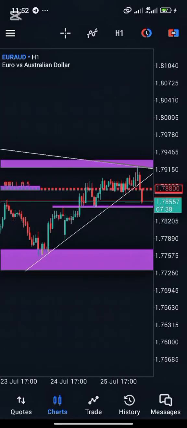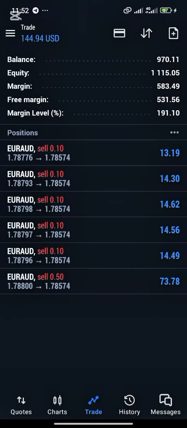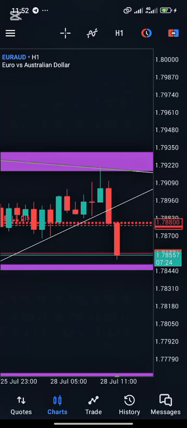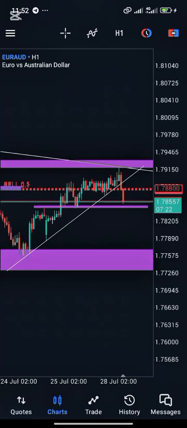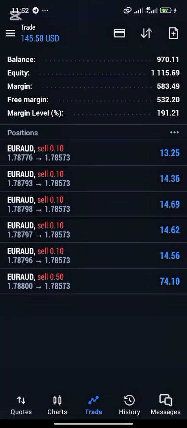Now, let's look at the market now. Yes, I think it's paying off now. Yes, there is a drop down now at least. And we are making 144 USD now. This is a real account, not a demo account.